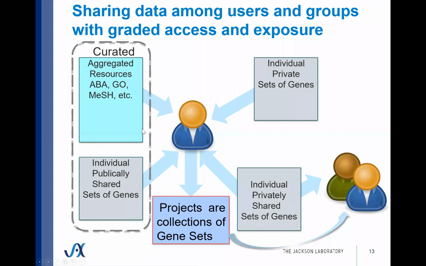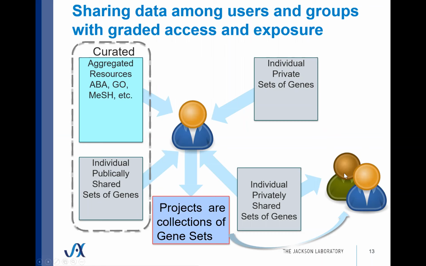So I think I mentioned there's a lot of ways of sharing and exchanging gene sets and data. This sort of schematic represents the relationships among people using GeneWeaver. So a user has access to all the curated gene sets and anything that they've individually uploaded, any of their own private gene sets, and anything that's been shared with them.